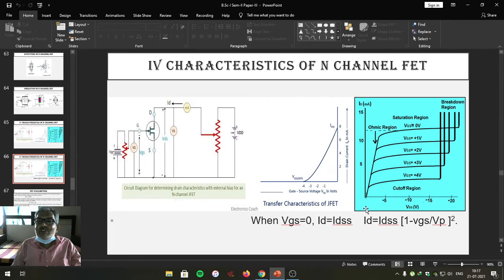By selecting any one of the curves, from the nature of the curve, we can say that at the beginning, when VDS is 0, ID is 0. And as VDS increases, ID increases up to a certain value of VDS. In this particular region, voltage VDS is directly proportional to the drain current ID.